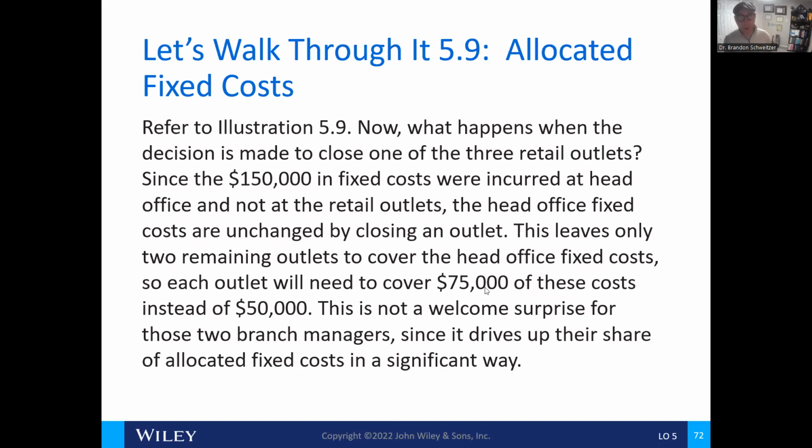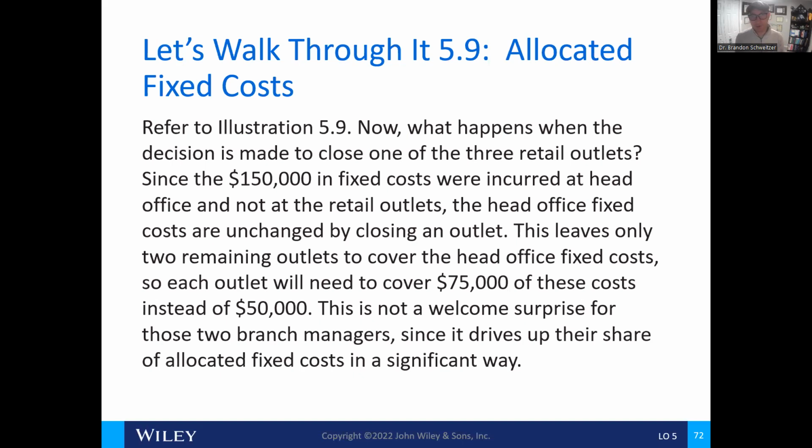Allocated fixed costs. So what happens when we make the decision to close one of the 3 retail outlets? The $150,000 of fixed costs are incurred at the head office and not at the retail outlets.